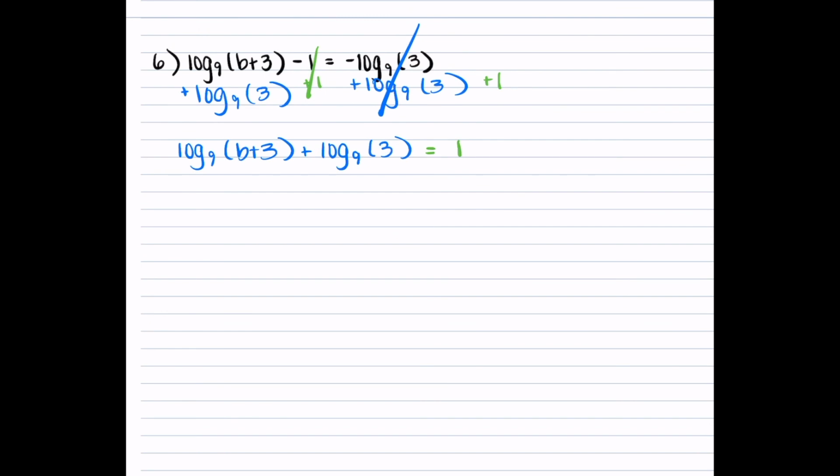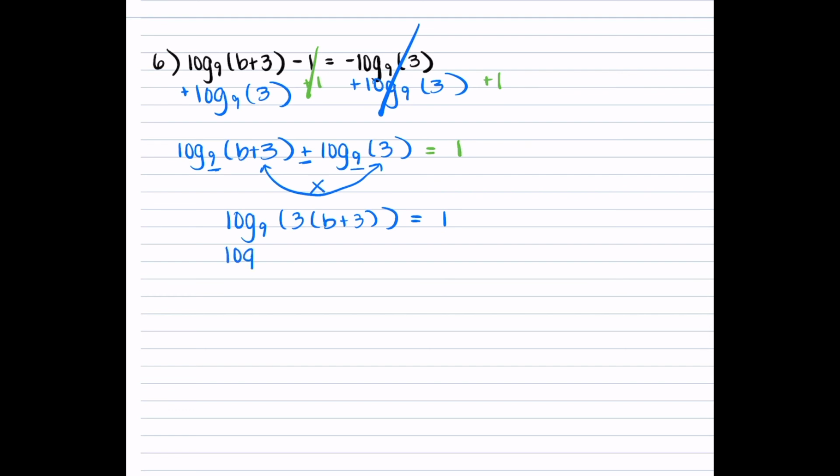Alright, then using our log property, we know that this addition sign with the same base means that I can multiply these. So I can just turn this into log base 9 of 3 times b plus 3 equals 1.